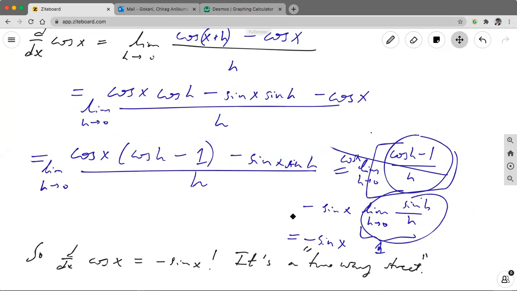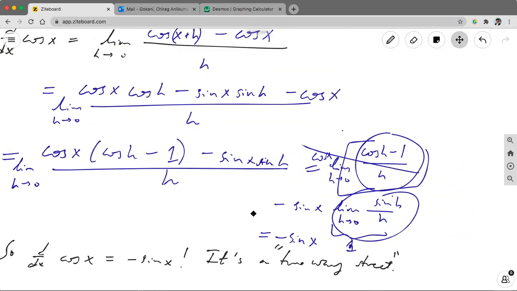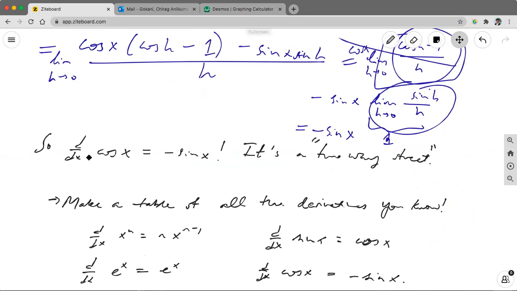So these are the very important derivatives of calculus, and this is really cool because we've shown that the derivative of cosine is minus sine and the derivative of sine is cosine. Don't forget this minus sign. This is important. In a sense, it's a two-way street between sine and cosine: one derivative gives you the other, and the derivative of the other gives you the first.